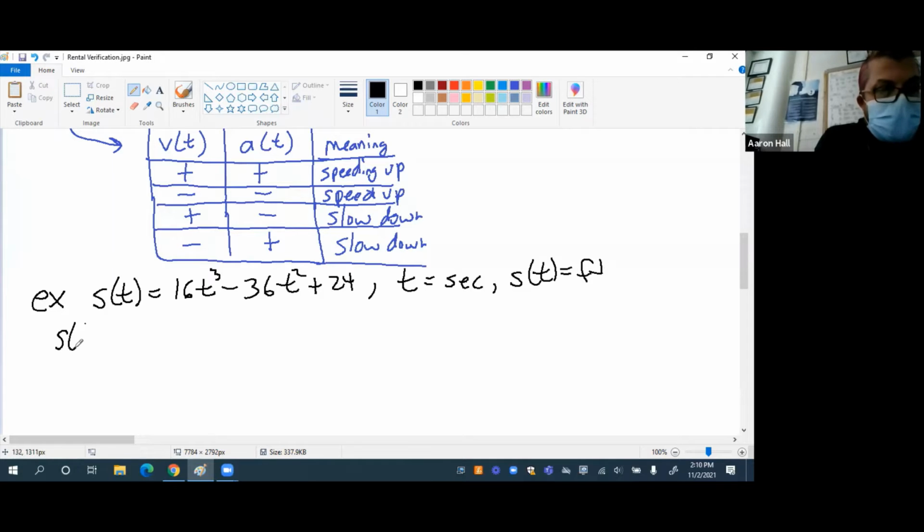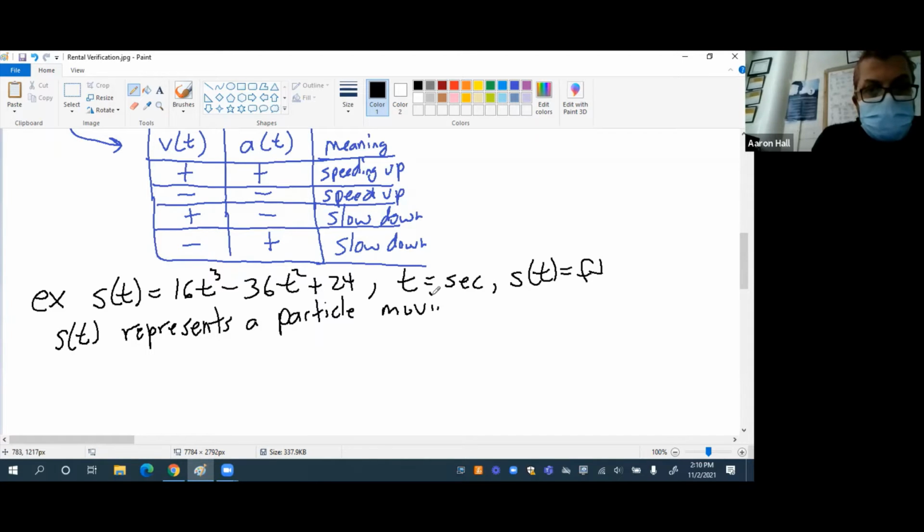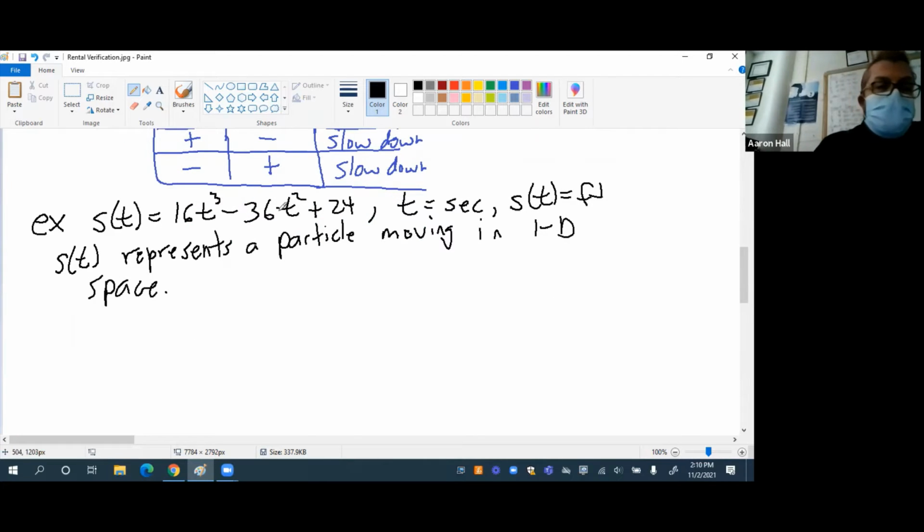S of t represents a particle moving in one-dimensional space. What is the initial position?